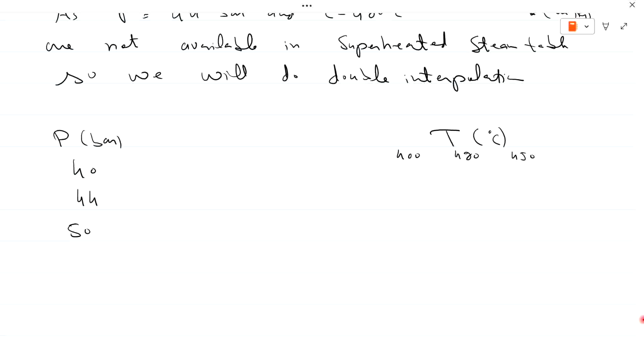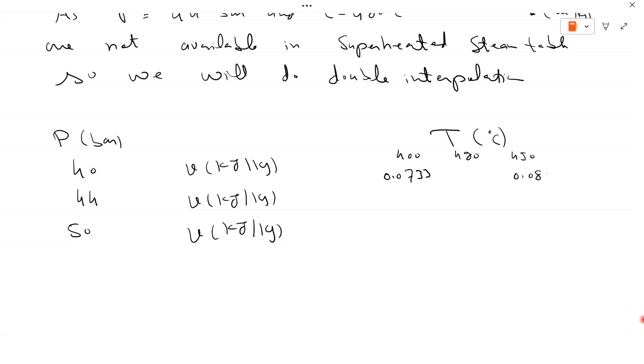From the superheated steam table, at 40 bar and 400 degrees centigrade, specific volume is 0.0733, and at 40 bar and 450 degrees centigrade it is 0.0800.